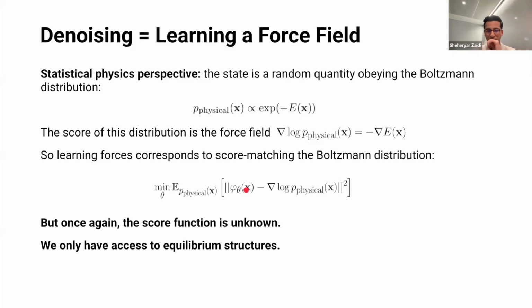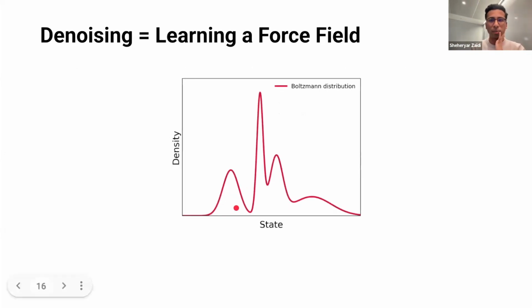So now let's think about how we can try to learn the score of the Boltzmann distribution using equilibrium structures. You're not really learning the score of the Boltzmann distribution, because you don't have samples from it, you only have your modes.